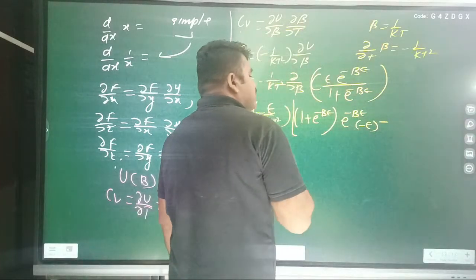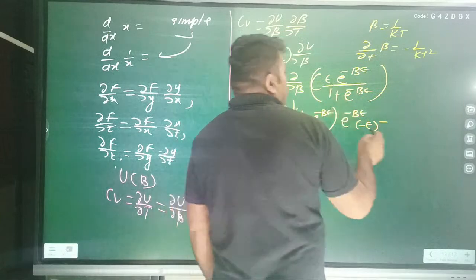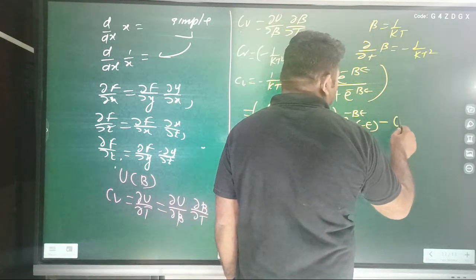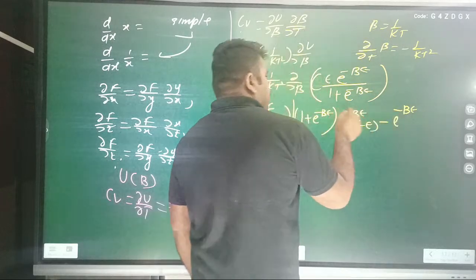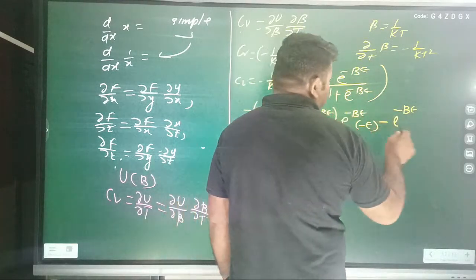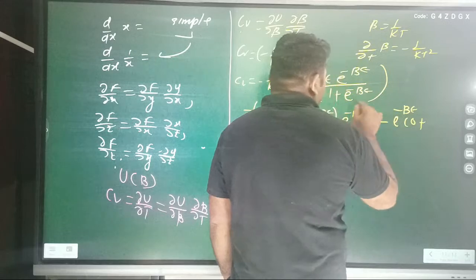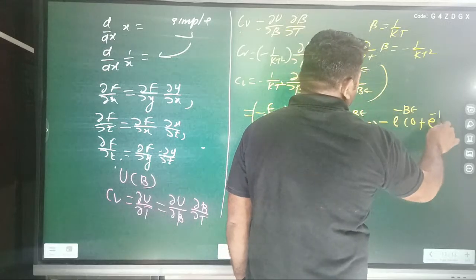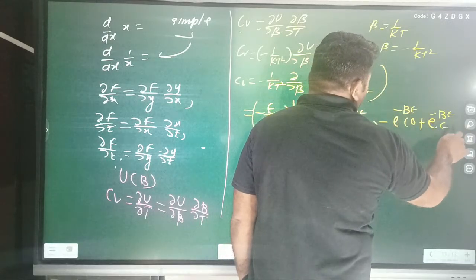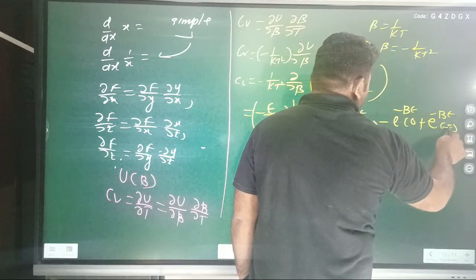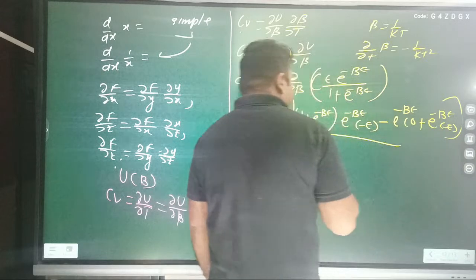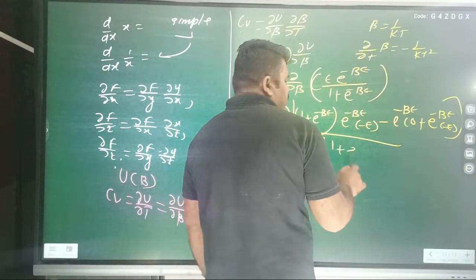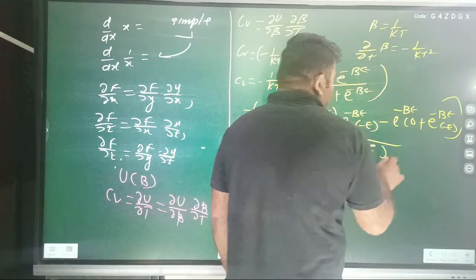What is the second part? Epsilon we can already take out. e^(−βε) into the derivative of this one. The derivative of 1 is 0 plus e^(−βε), derivative of e^(−βε) into −ε, upon the whole term divided by v². v² means (1 + e^(−βε)) squared.